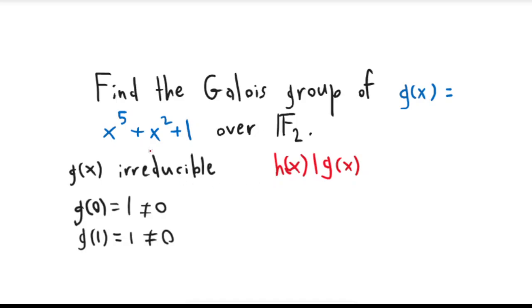And we can assume that h of x is monic because g of x is monic. So basically, you're just asking what are the monic irreducible quadratics in F2, and do they divide g of x?